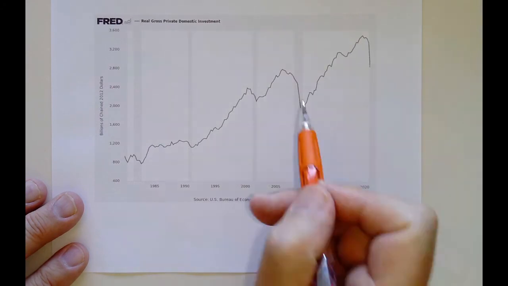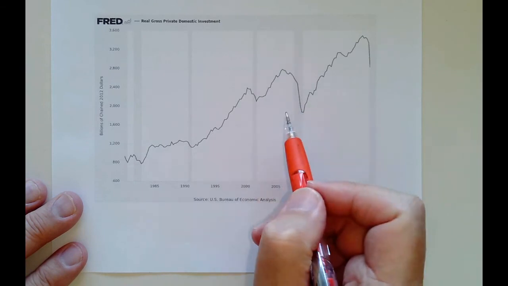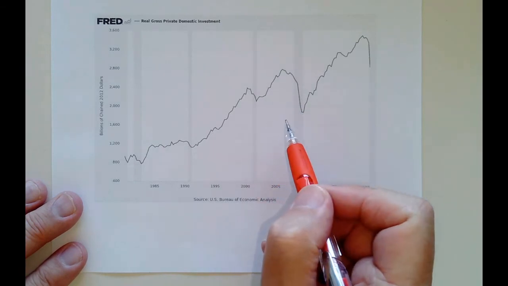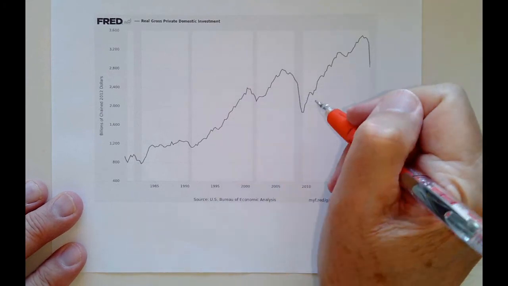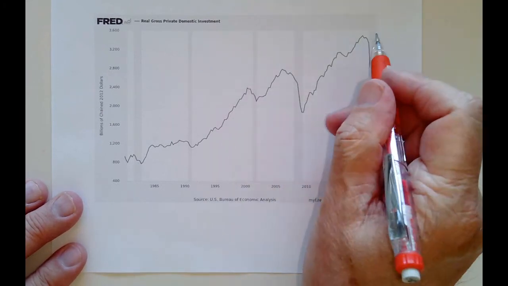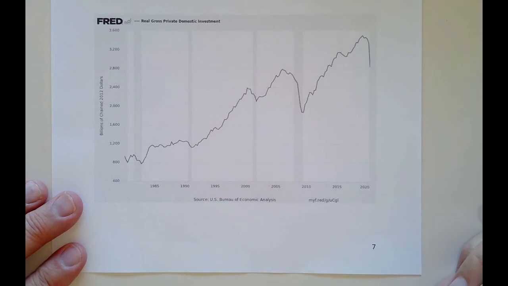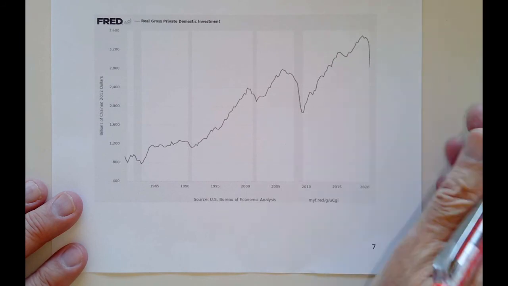And so right here, during the Great Recession, if people are not buying new cars, not buying new homes, not buying new appliances, business is not selling as much, they don't need to invest. The good news is that after the Great Recession, investment picked up a lot right there, but again took a sharp dive right there. And it'd be interesting to see what investment does for the next 2 quarters of this year.